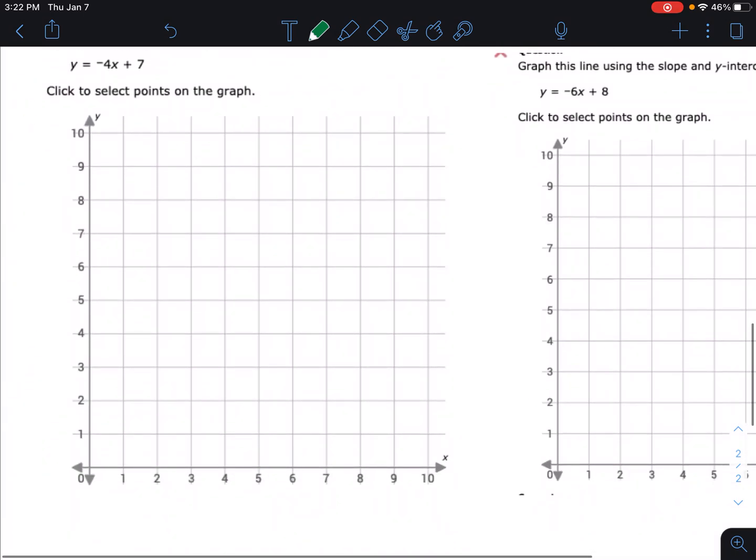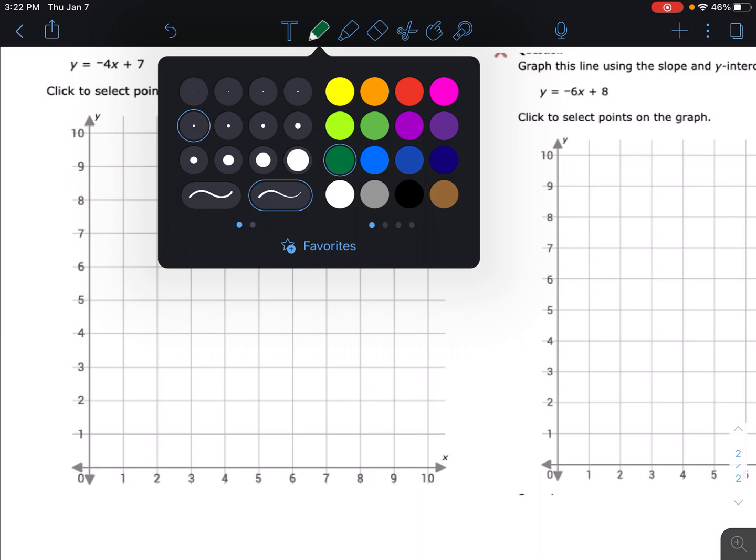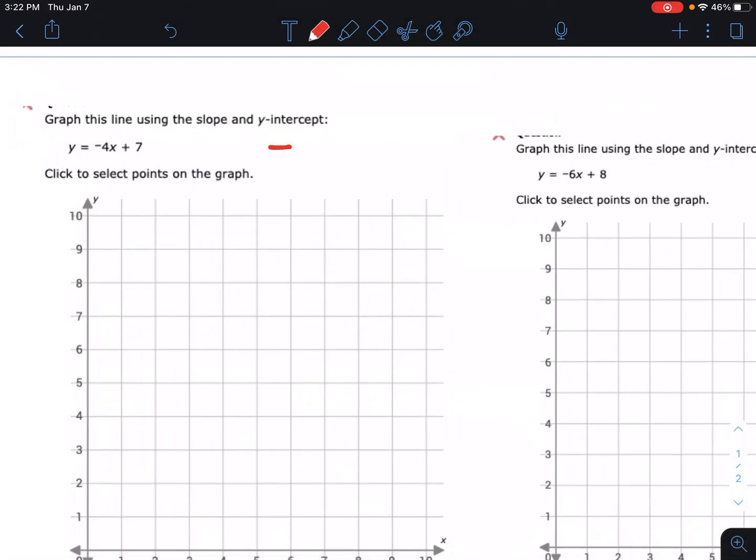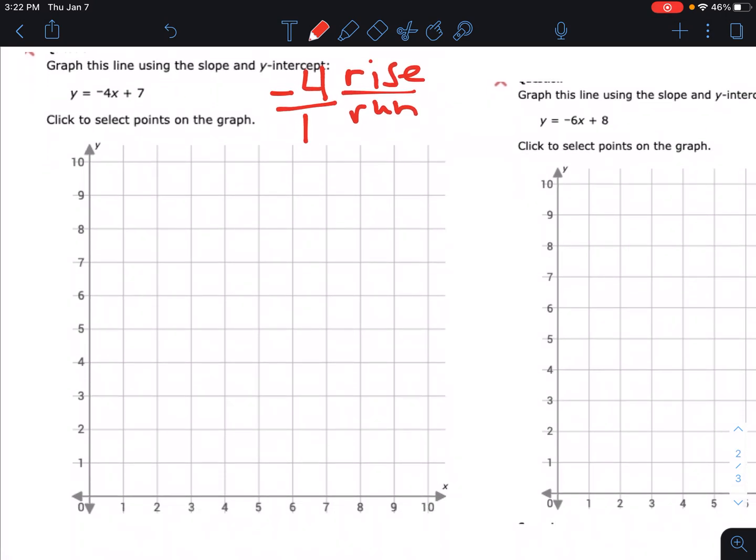Negative 4x plus 7. I feel like sometimes the integers are more confusing to you guys because there's not a fraction. But the growth rate would be negative 4. But if I want to make it an improper fraction so that I can do rise over run and have something to look at, it would be negative 4 over 1. So my starting point is at, sorry, positive 7.